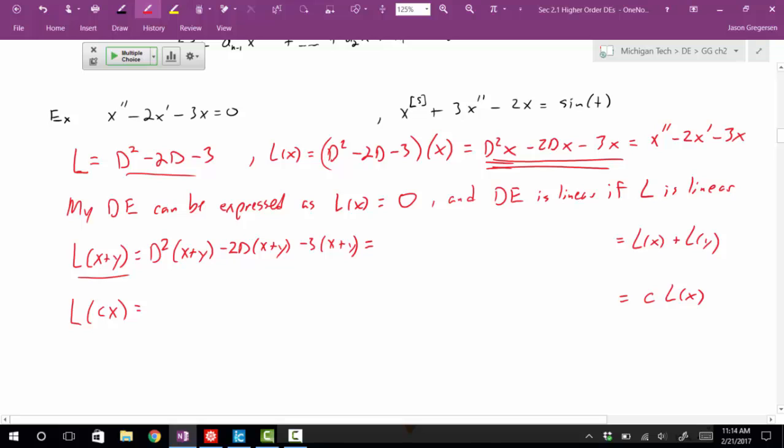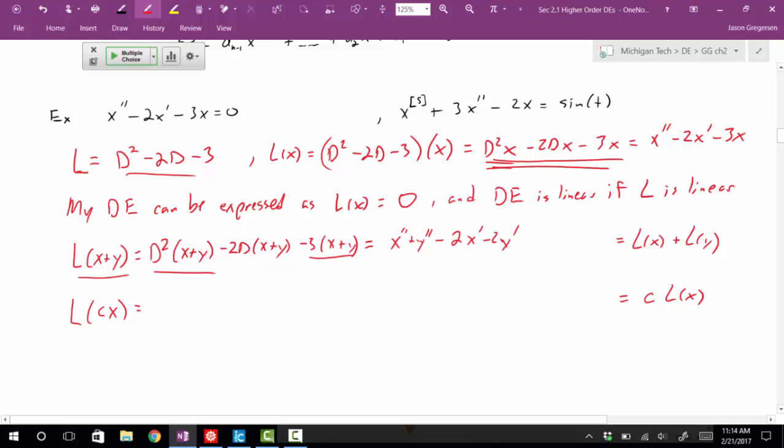And then I look to see how that d squared can be applied to x and y. Well, I have that property of derivatives: the derivative of a sum is the sum of the derivatives. So in this case, this can directly be written as x double prime plus y double prime. Same thing with the first derivative, so this turns into minus 2x prime minus 2y prime.